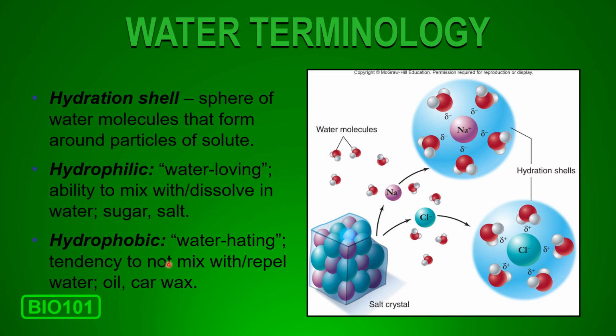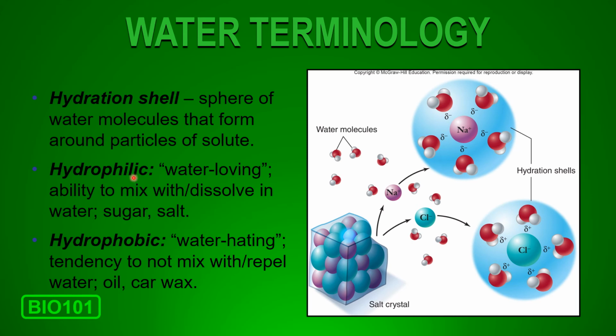Okay, on the other side of the coin is hydrophilic. Phil or phile has to do with love. So hydrophilic means water-loving, or water attracting, is the ability to mix or dissolve with water, or mix with or dissolve in water. So these are things that easily dissolve in water.